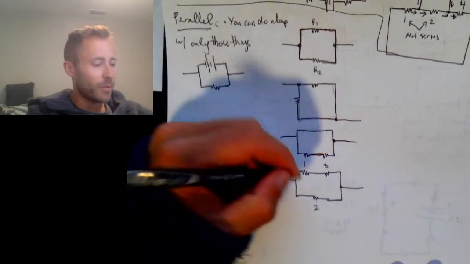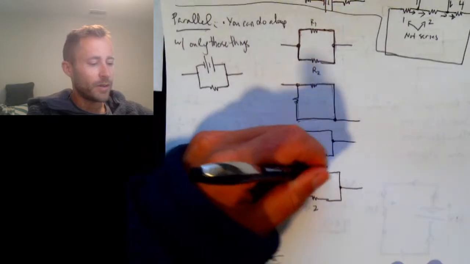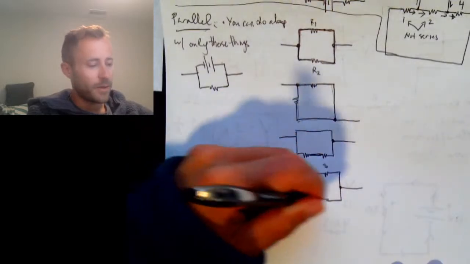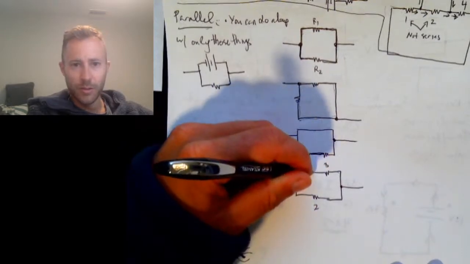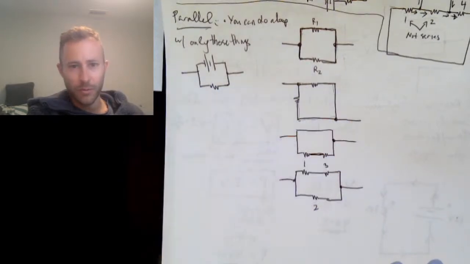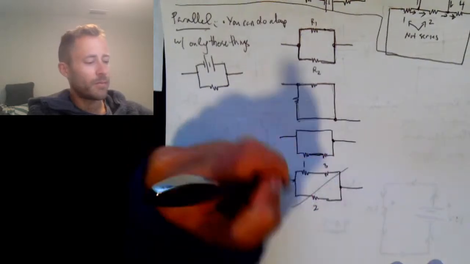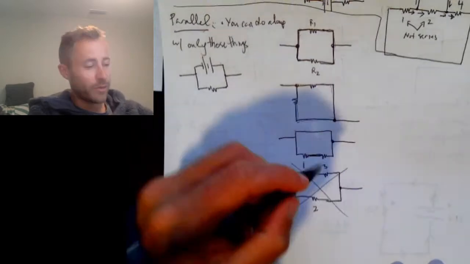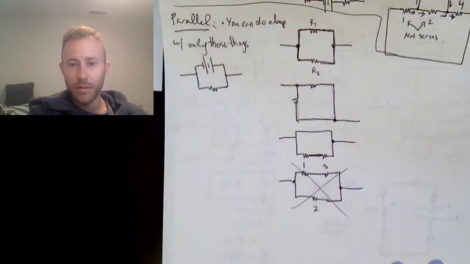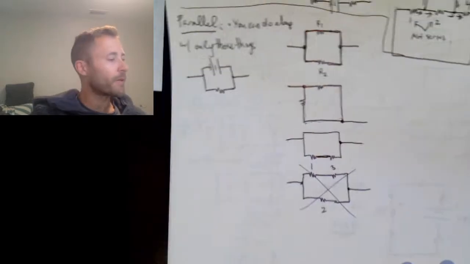Why? Because if I wanted to do a loop around this circuit, do you see how that loop has 1 and 2, but in order to complete the loop, I also have to go through resistor 3. So that is not parallel. 1 and 3 are in series, because if I go along this path, there are no forks.